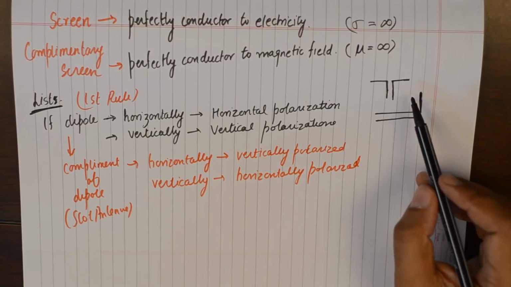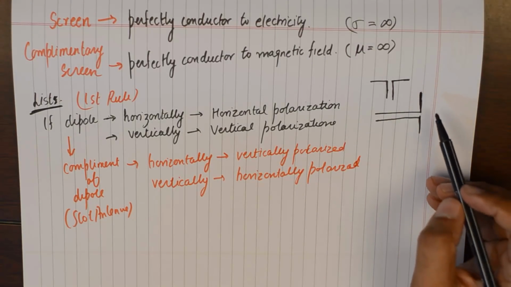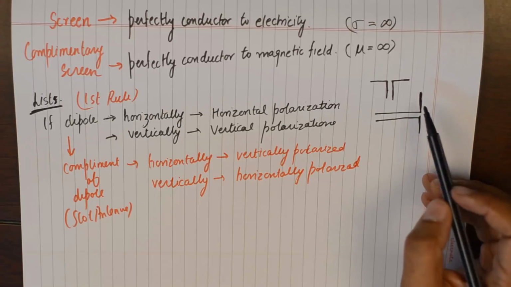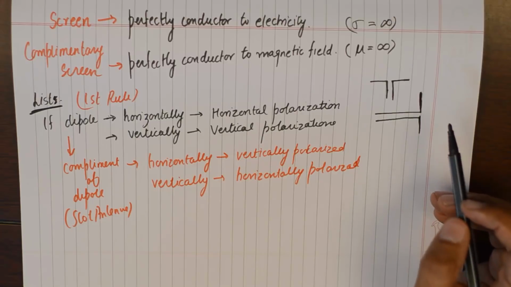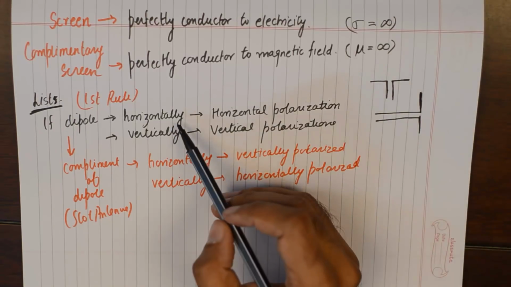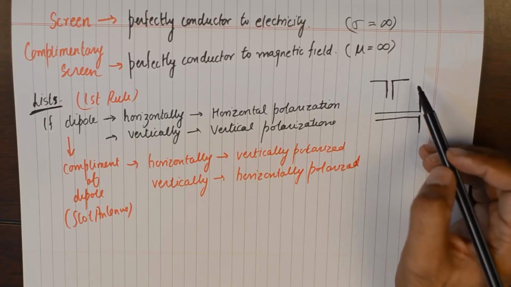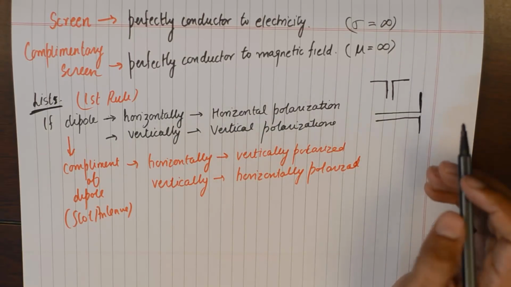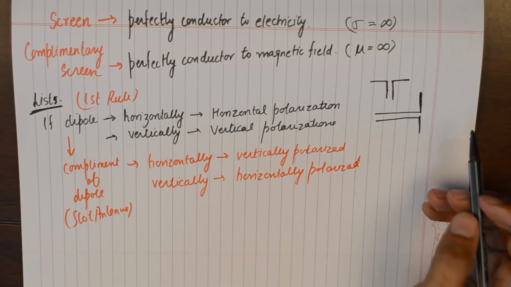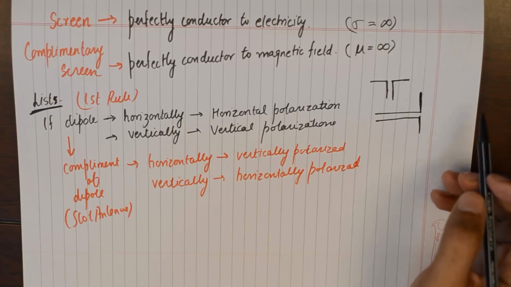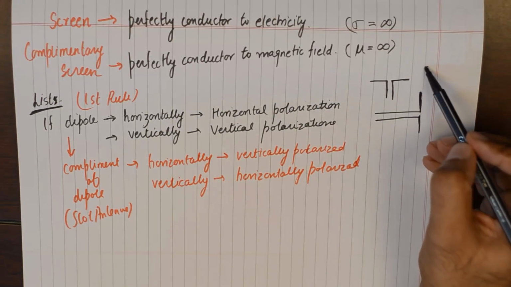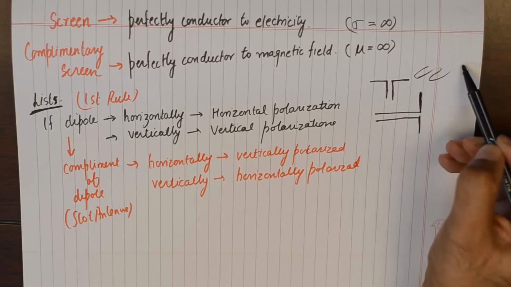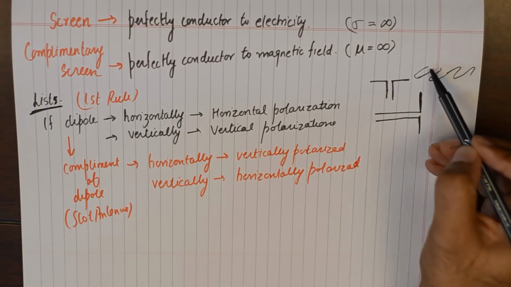Now, this is easy to understand that the physical orientation of the dipole determines the placement of the dipole, and it is equally easier to remember that a horizontally polarized dipole would result in a wave which will be horizontally polarized.